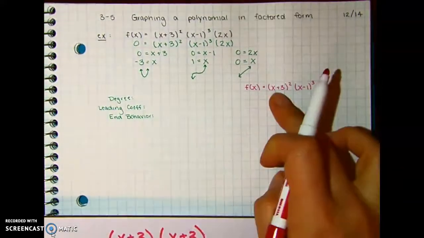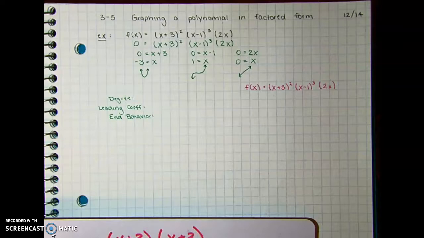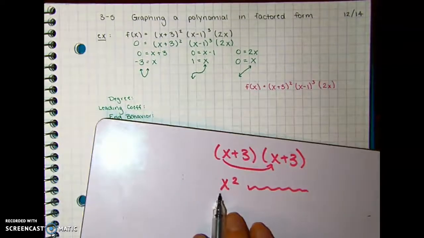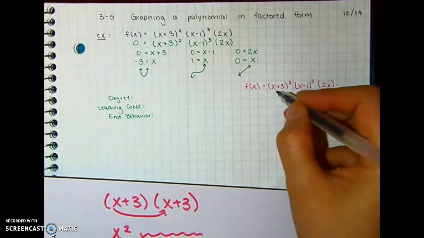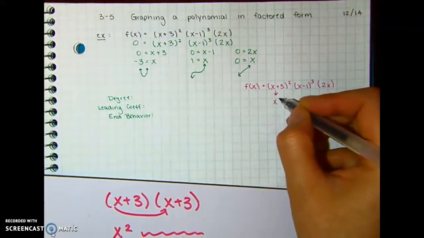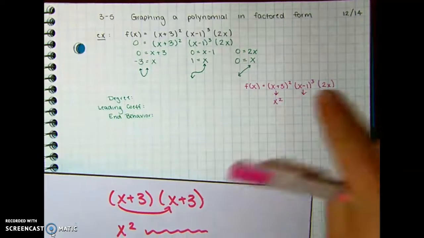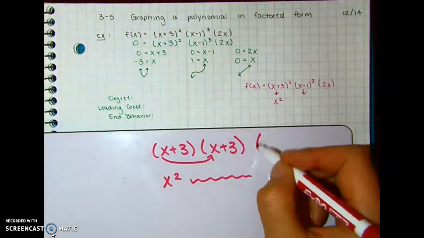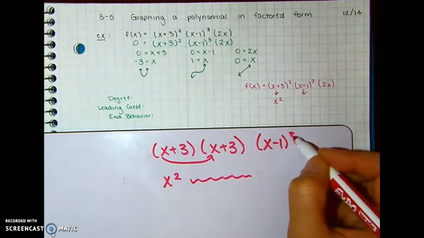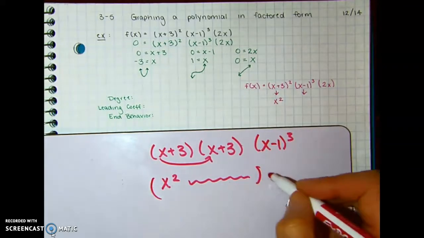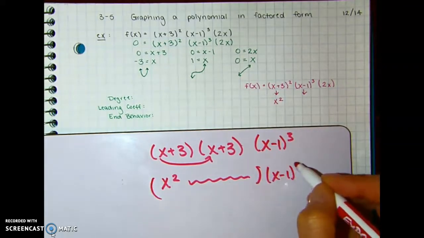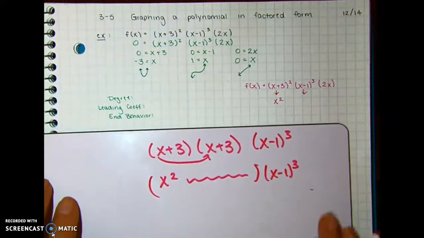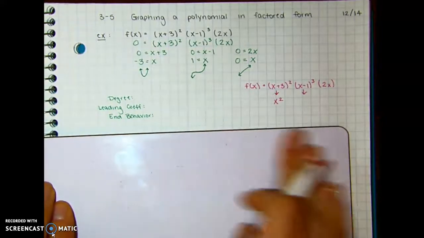Because all we care about is the first term, this will end up being x squared. And then we have to think, okay, what about this one? Technically we would have the x minus 1 cubed next, and we would bring it down. So we just focus on the x minus 1 cubed.